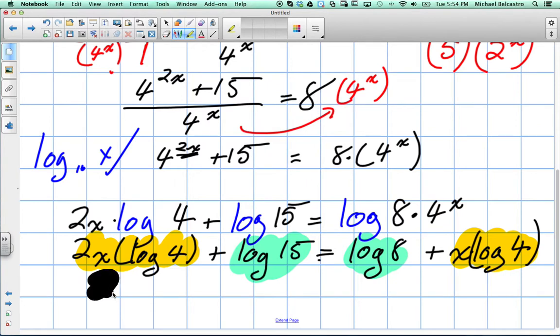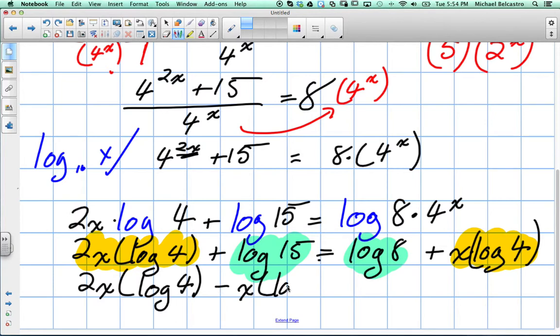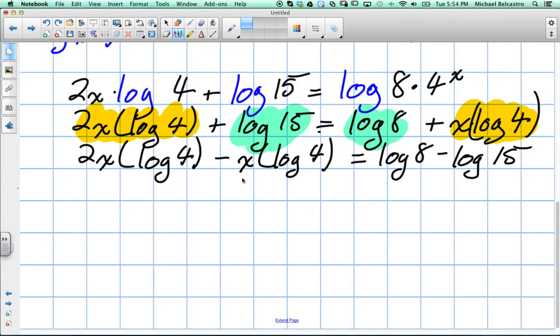So that will give me, oh, that's not working. It can be hard to keep track. Okay, 2x log 4, and when I bring this over, it becomes minus x log 4, is equal to log 8 subtract log 15.